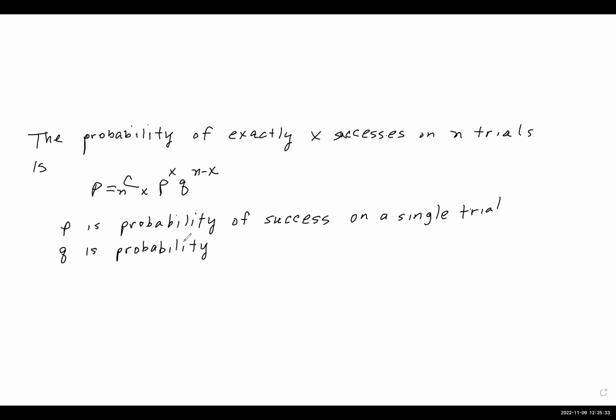That makes it very easy to calculate Q, because all you have to do is subtract P from 1. If the probability of success is 53%, then the probability of failure is the other 47%. So Q is the probability of failure on a single trial.